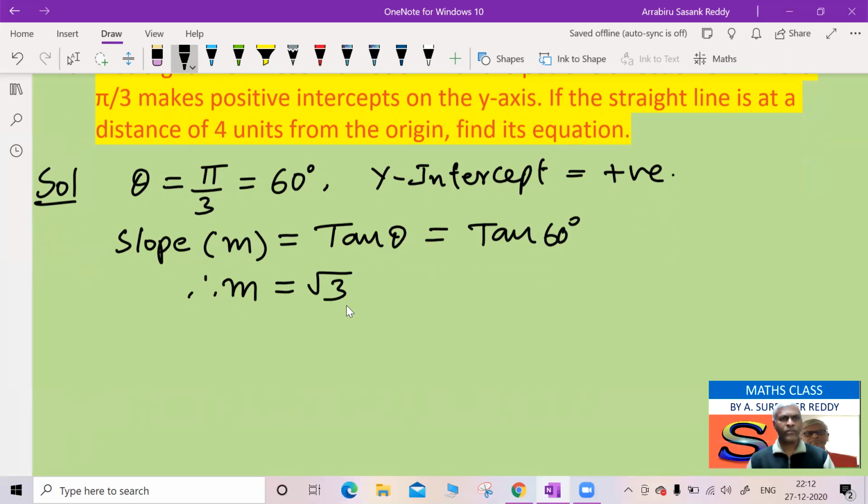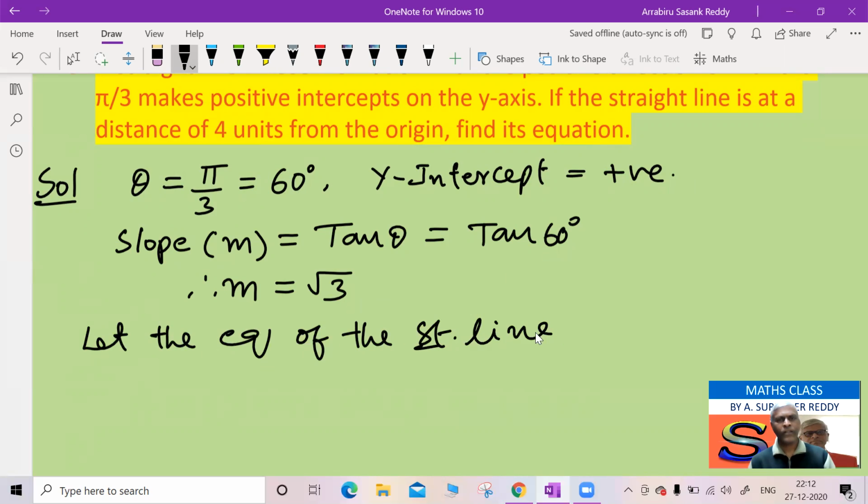If you know the slope and the y-intercept, which you take as c, now let the equation of the straight line have slope root 3 and y-intercept c.